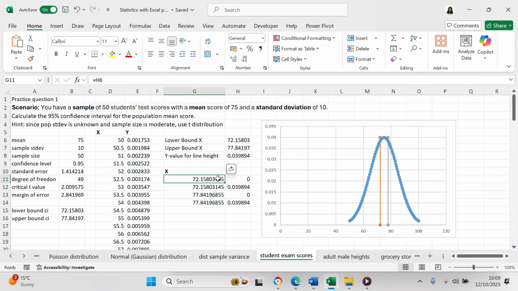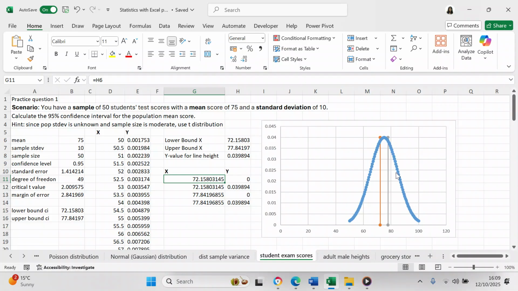So now your x value is going to be 72.158 at 0, and 72.158 at 0.039, and then your upper bound is going to be 77.841 at 0, and 77.841 at 0.039.